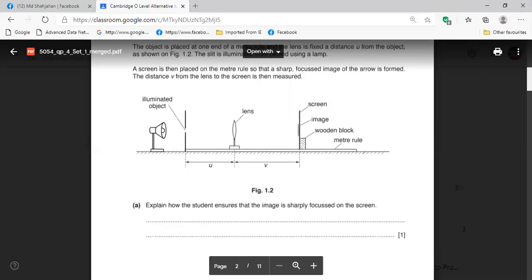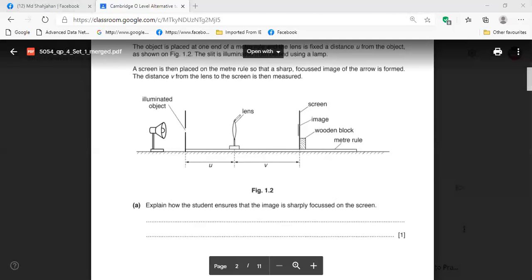Sir, it's the distance from the center to the lens, the point at which... So at which, look, the what is called focal point?